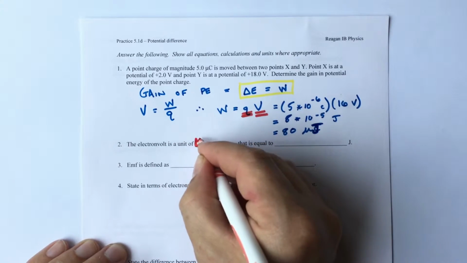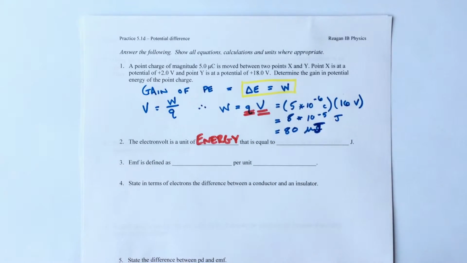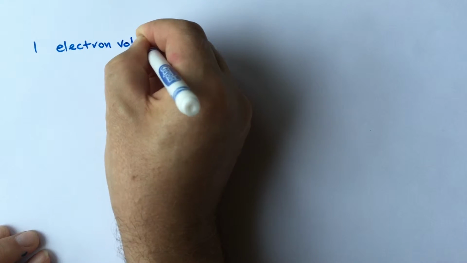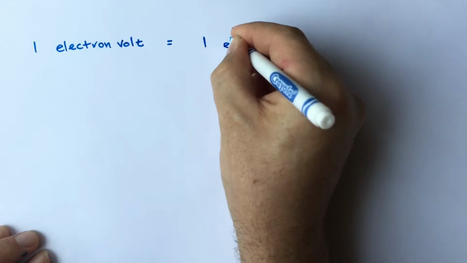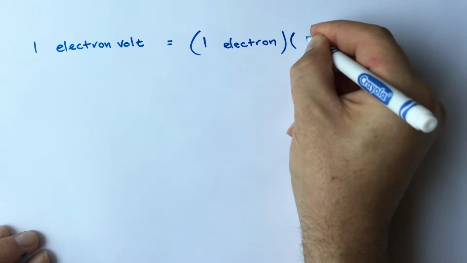So an electron volt is a unit of energy. And it is equal to, well, let's take a look at what it's equal to. 1 electron volt is equal to 1 electron times 1 volt.